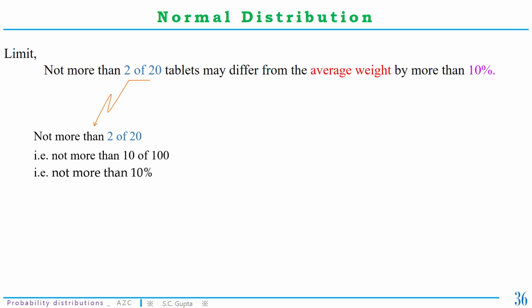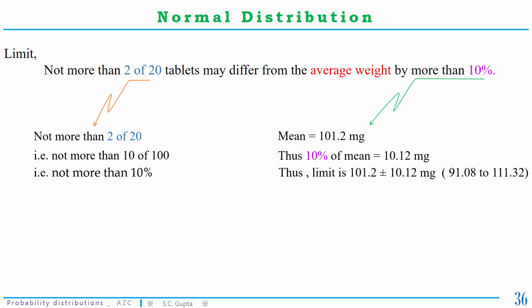The mean given is 101.2 milligrams. Thus 10% of the mean is 10.12 milligrams. Thus, the limit is 101.2 plus minus 10.12 milligrams, that is 91.08 to 111.32.